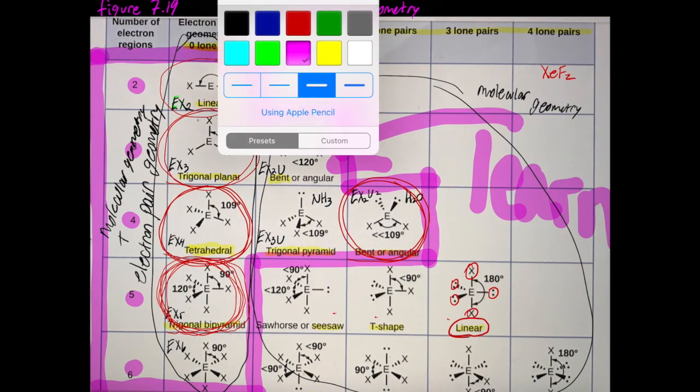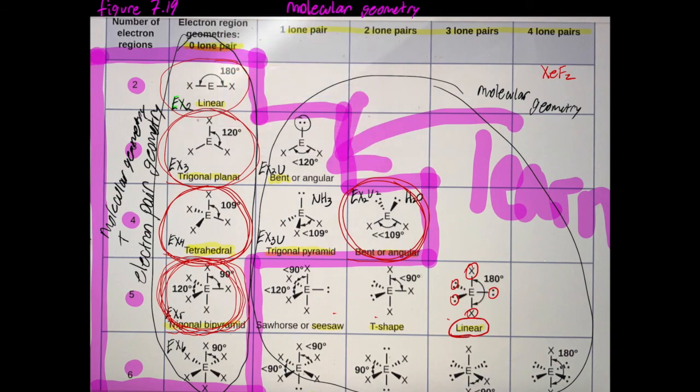Let's use blue. We haven't used blue before. What are the non-polar molecules? Okay, let's make a note, non-polar. Let's circle that label. This is going to be nonpolar. This is going to be nonpolar. Whenever you have a molecule without lone pairs on the central atom, it's going to be nonpolar.